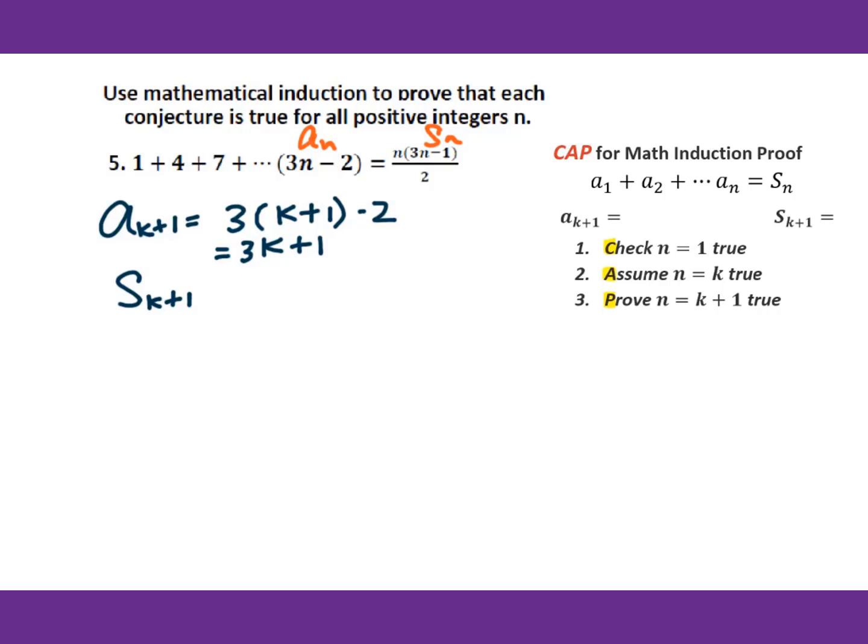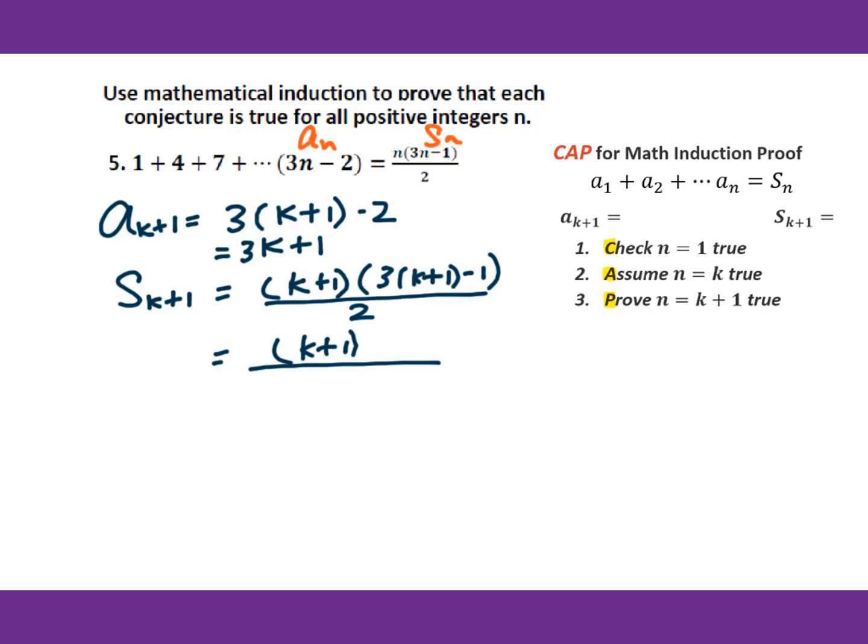You will get k plus 1 times 3 times k plus 1 minus 1, then over 2. You organize, you get k plus 1 times 3k plus 2 over 2.